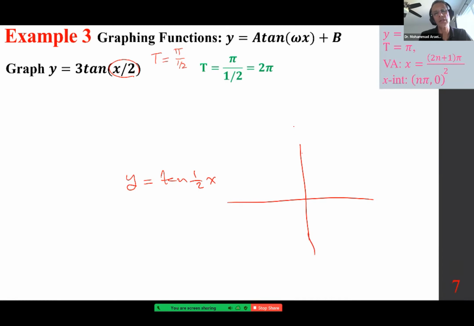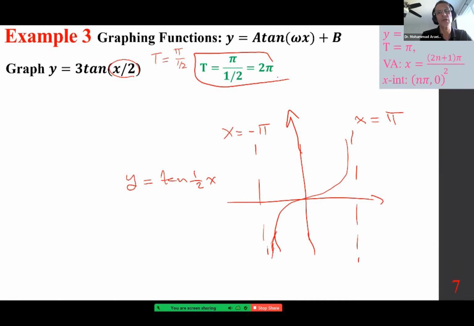Again, you can just look at one complete cycle looking like that. Looks almost like y equals x cubed. Now this is x equals pi, and this is x equals minus pi because of this.